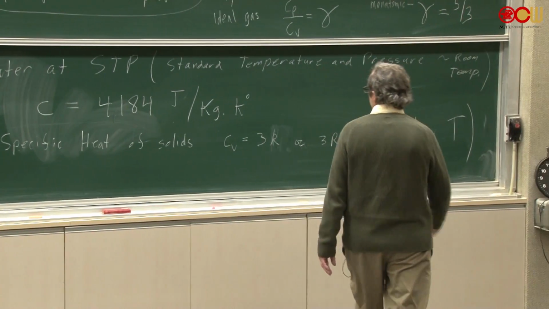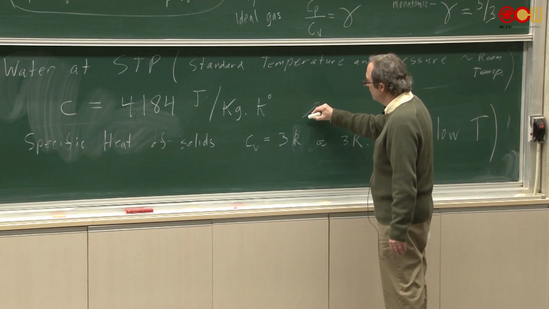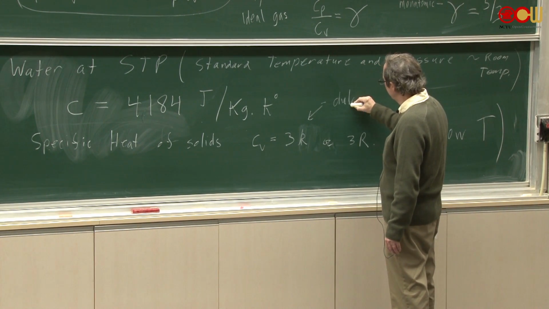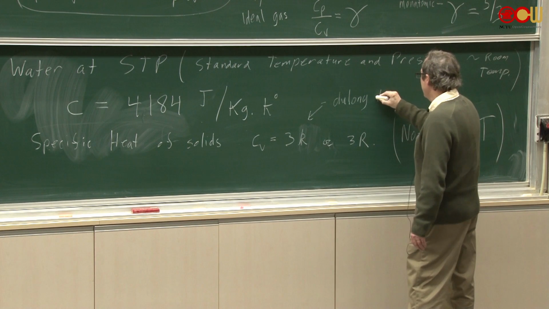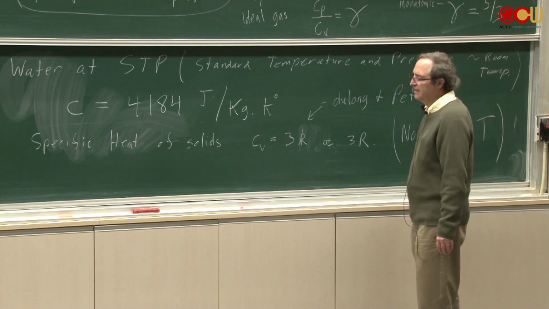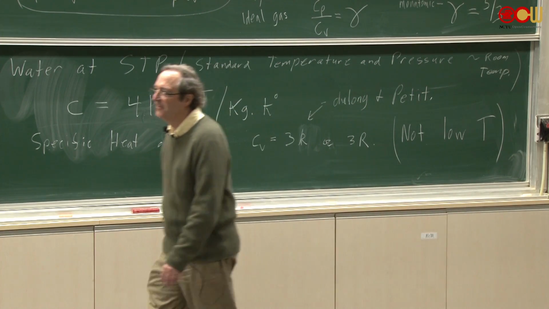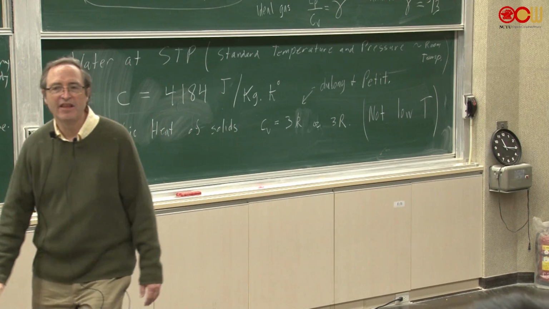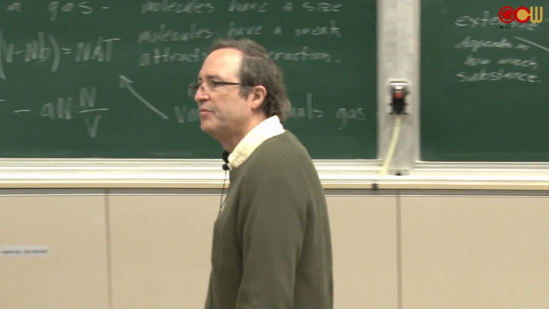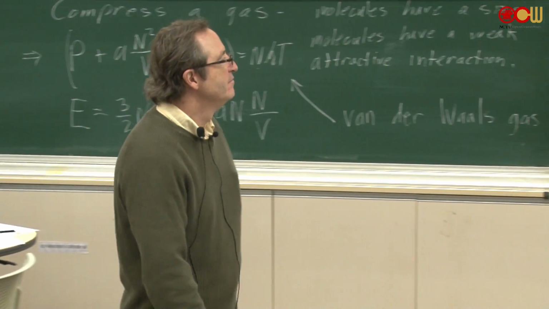If you want a name, you might have heard of it. This is called the law of Dulong and Petit. I guess a couple of French guys. I don't know. All right, so they discovered this a long time ago, in the 1800s, I believe. All right.